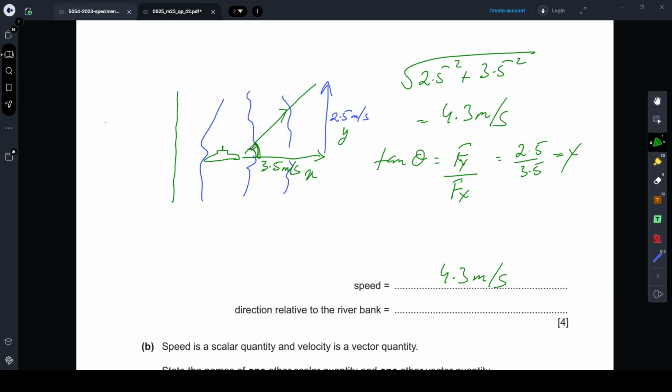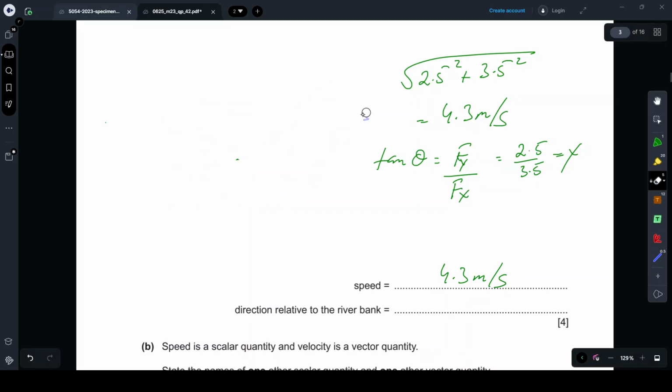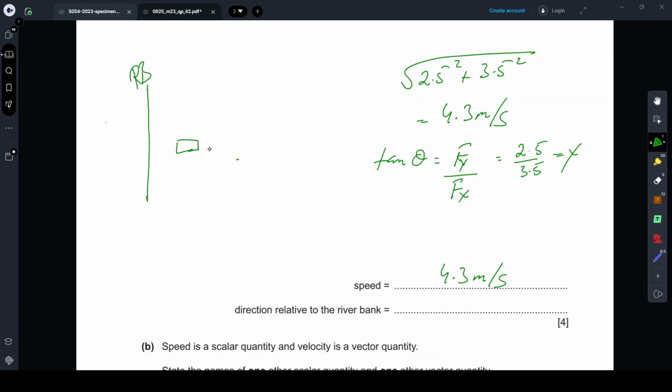is the tan theta in this case. Let me erase the blue lines, it's gotten a bit messy. Try to redo this a bit. So this is the riverbank, RB, and this is your ship.